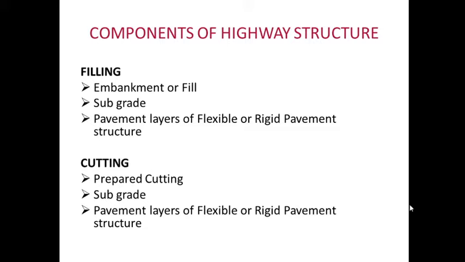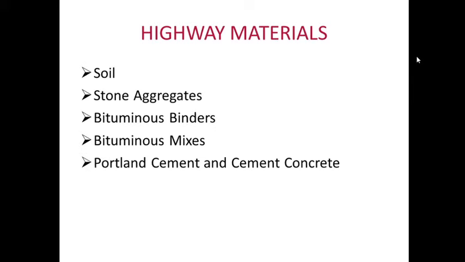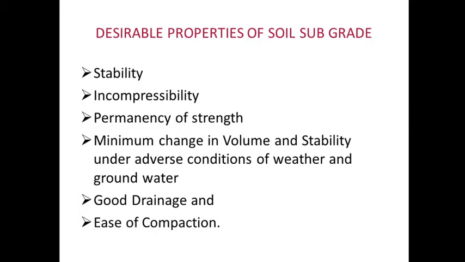Next, the materials which are used for highway are soil, stone aggregate, then bituminous binder for flexible pavement, bituminous mix, and Portland cement as a binding material for rigid pavement, such as cement concrete road. Then desirable properties of soil subgrade. We already discussed the subgrade is the bottommost layer of the flexible pavement.